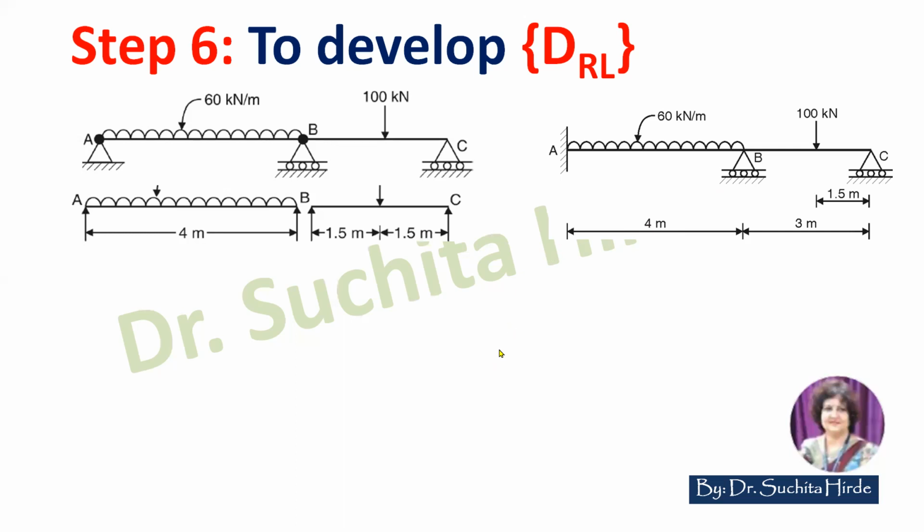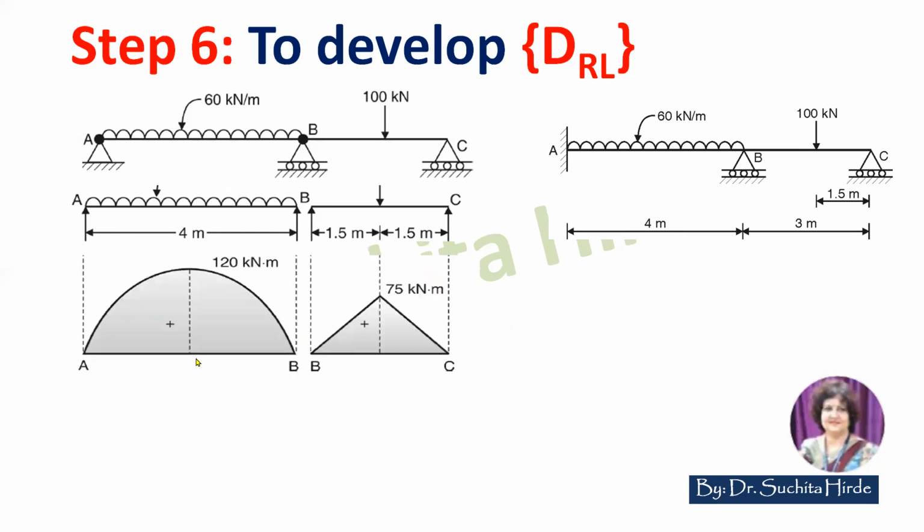Therefore, we are interested in calculating the shear force at A and at B. The shear force at A is nothing but the reaction of the conjugate beam at A, and the shear force at B is nothing but the reaction at B of the conjugate beam. That is, it is the change in shear force at B, so it is equal to this reaction at B in the conjugate beam.